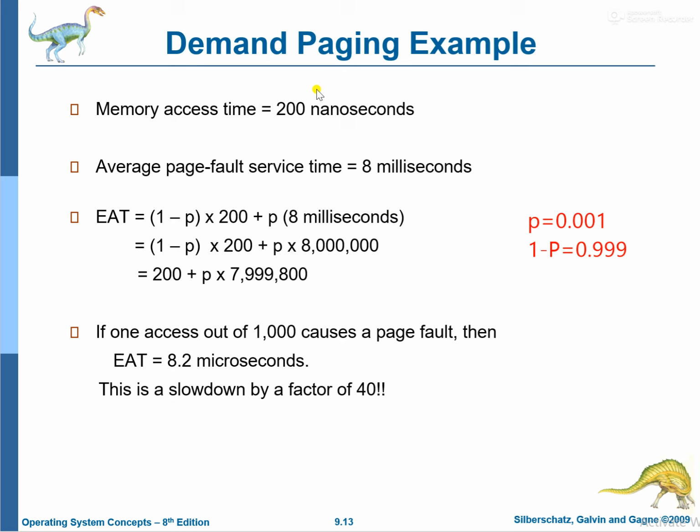If we keep all the data in main memory, we can access it in 200 nanoseconds, but with demand paging the same thing will be done in 8.2 microseconds, so slowed down by a factor of 40. And how did we get this 40? 8.2 times 1000, to convert microseconds to nanoseconds, divided by 200, so you get this value of 40.